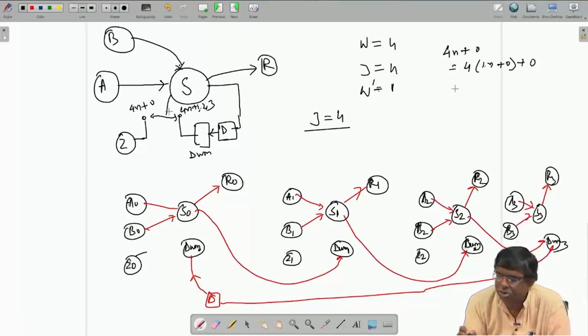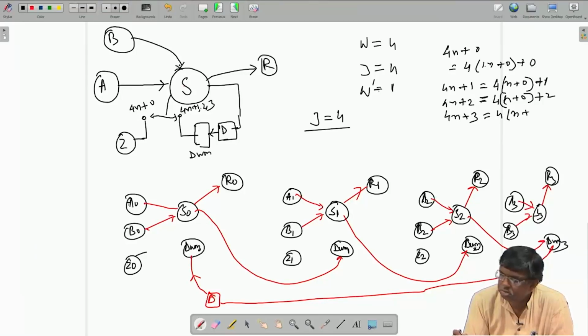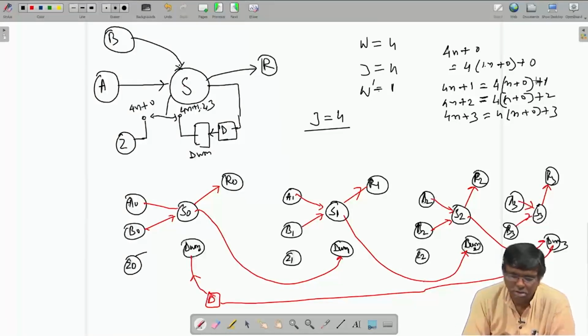Whereas, if you see these edges 4n plus 1, say dumb output, dumb 1, will go to whom?